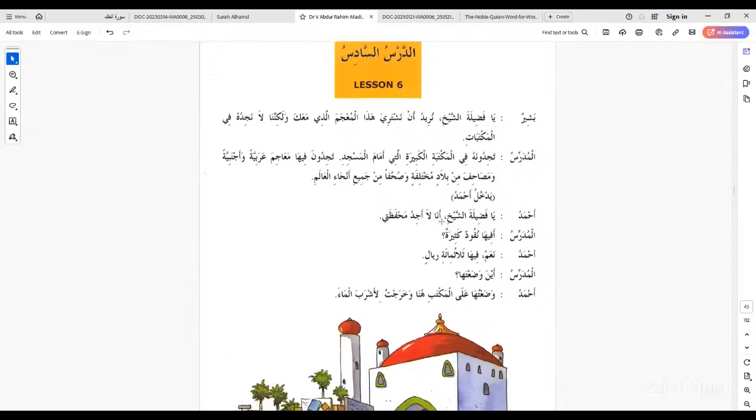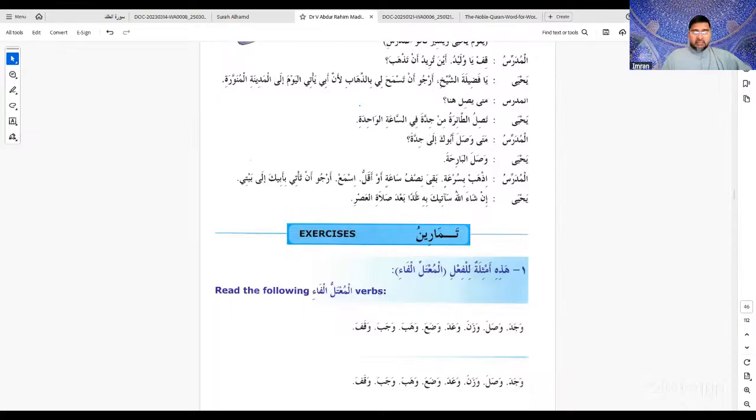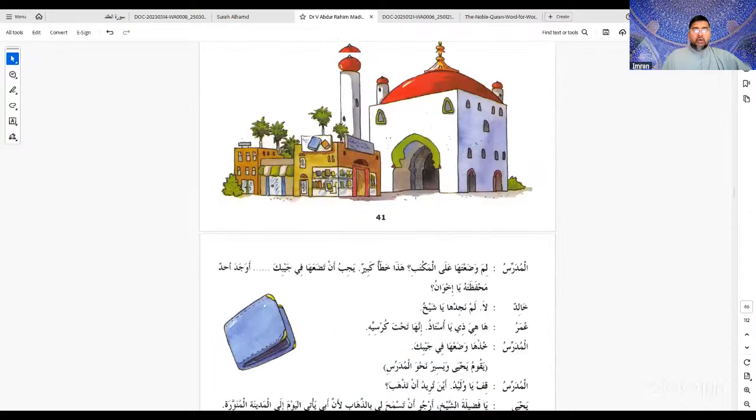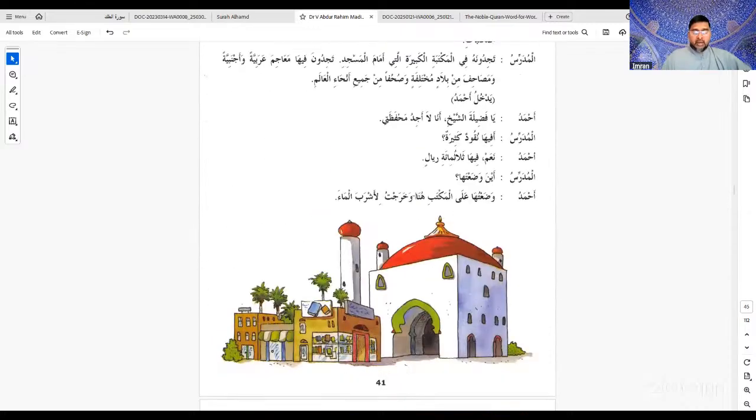Now, the sixth lesson itself, we are now going to focus on, and inshallah, I will send you a handout for this about the weak verbs. Weak verbs can be situated in any of the three positions of the verb. As you know, the minimum number of letters for a verb is three.